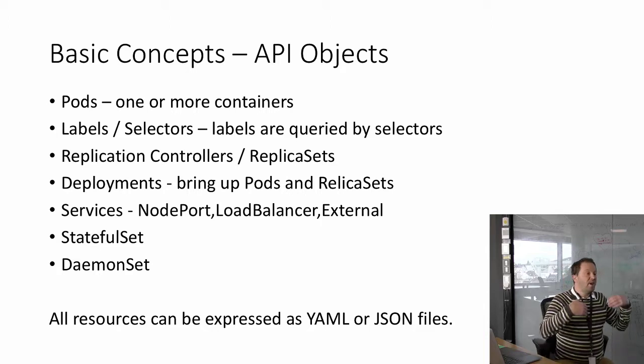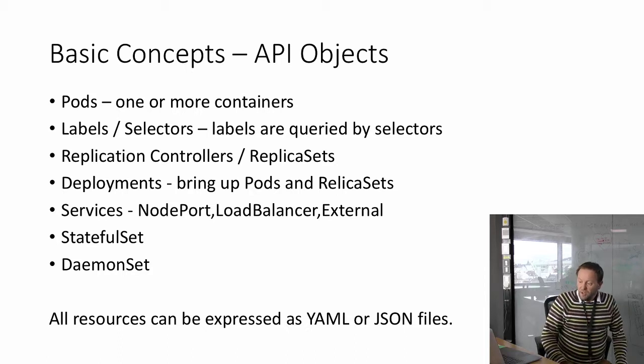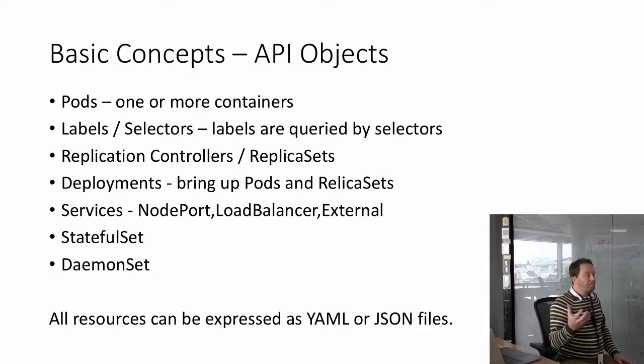Services, this is where you expose your application. First I'd like to say, if you have an external database, let's say you have an Oracle database your containers need to access, you describe an external service inside your cluster where this service points to the Oracle database.